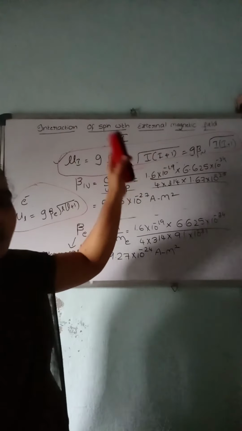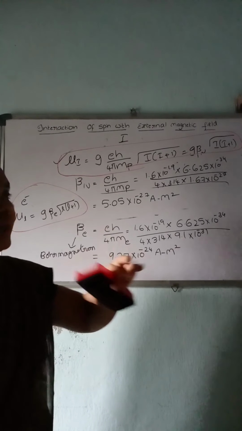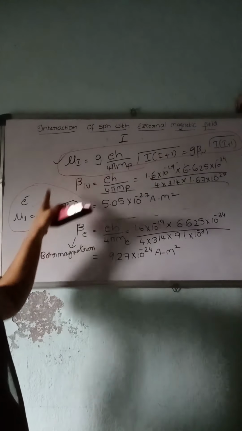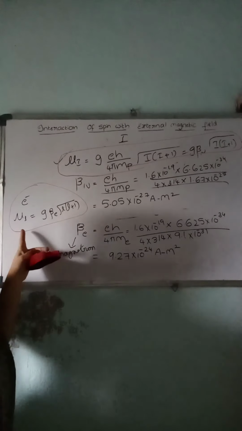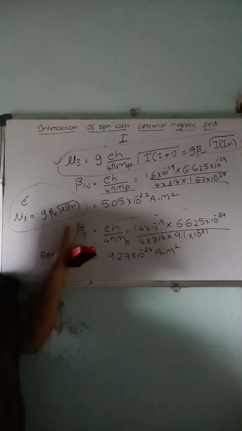Then we will place the atom in an external magnetic field. So remember these two values. The magnetic dipole moment of an electron is g beta e root of L into L plus 1.